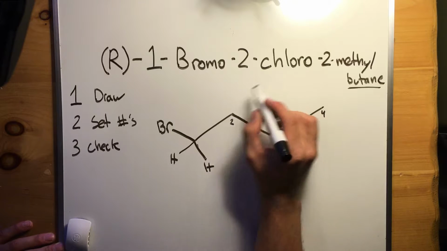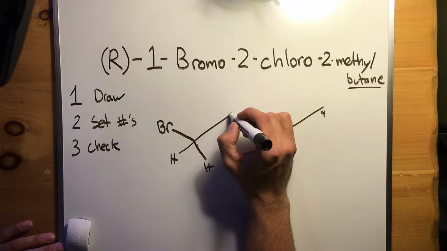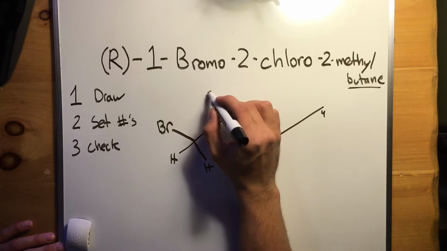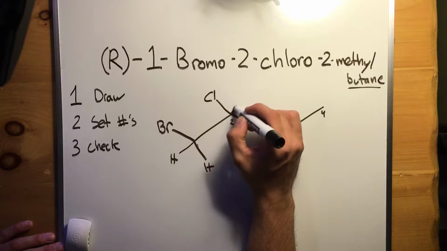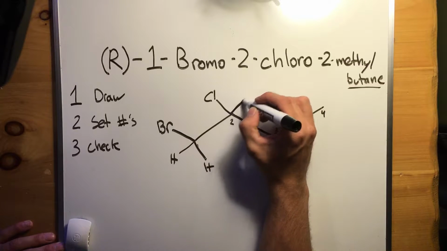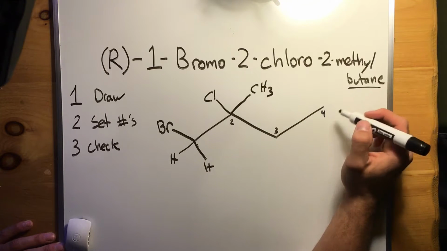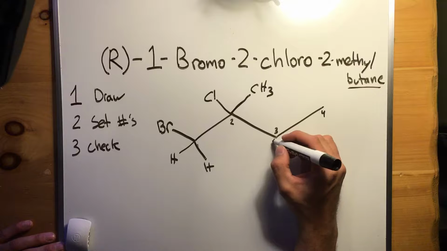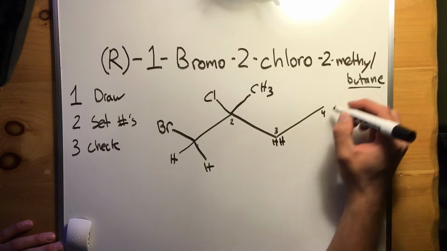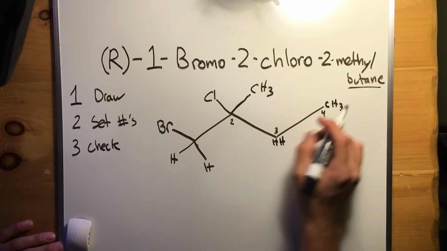Position 2, we've got 1 chlorine, 1 methyl. And position 3 and 4, nothing, so this is just hydrogens, and this is just CH3.